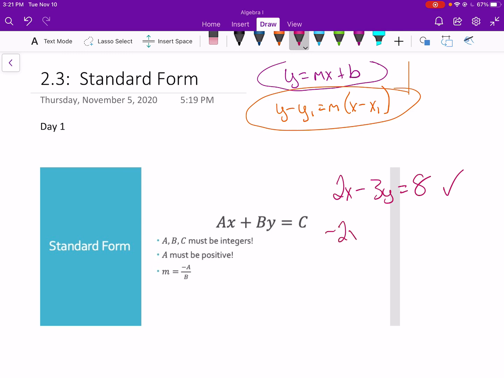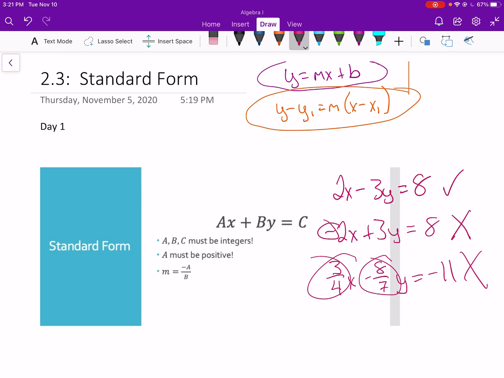But negative 2x plus 3y equals 8 is not, because we cannot have this negative out front. In addition, something like 3/4 x minus 8/7 y equals negative 11 also does not work because we can't have fractions or decimals.